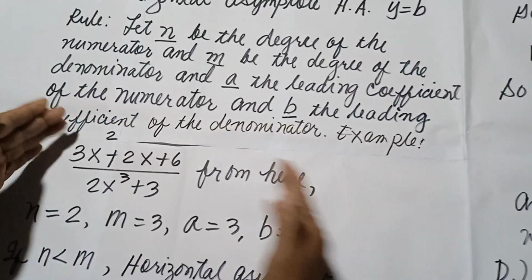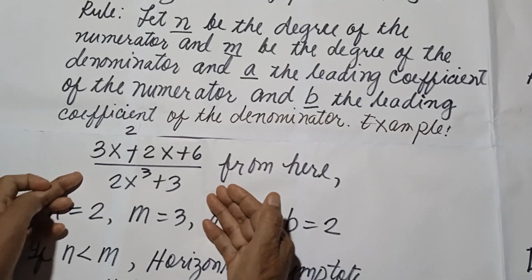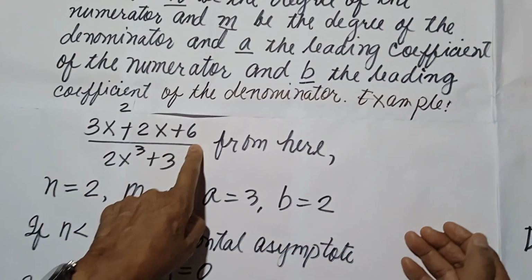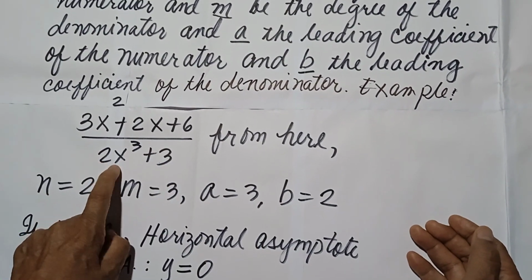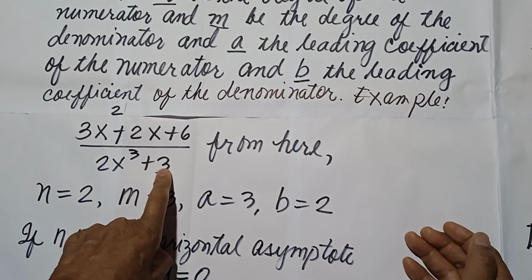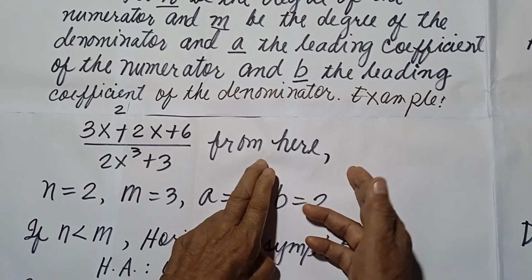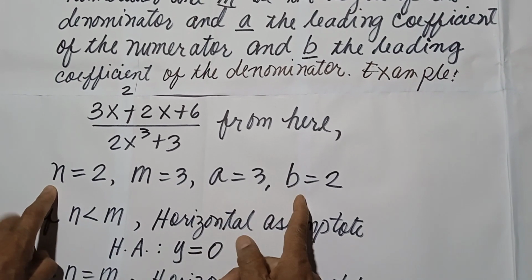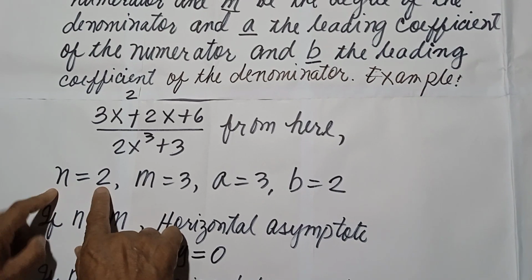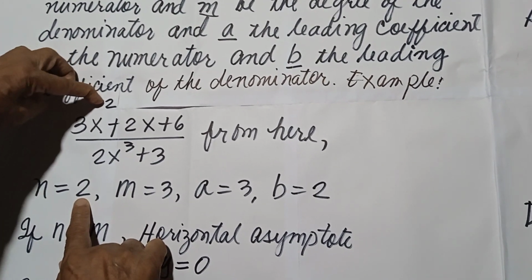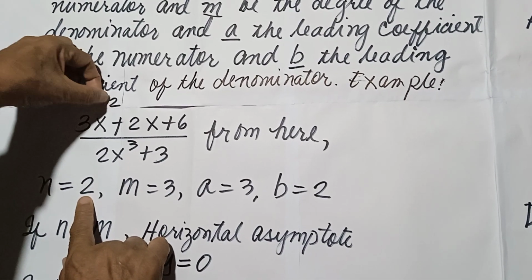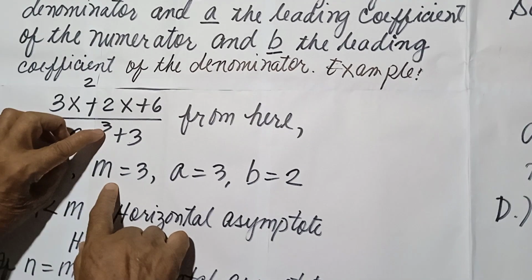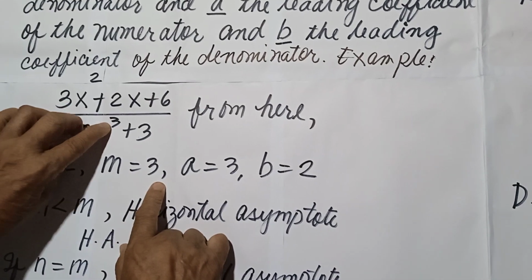So, we have a sub-example: 3x squared plus 2x plus 6 over 2x cubed plus 3. From here, we will label n, m, a, and b. So n, the degree of the numerator, is 2. And m, the degree of the denominator, is 3.